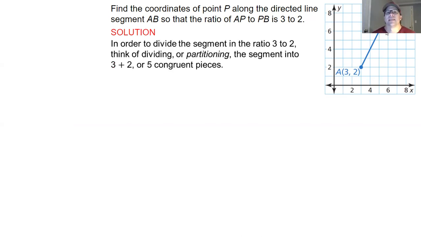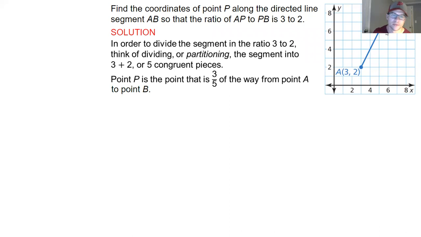So in order to divide that into the ratio of 3:2, you have to think of it as a partition of that line segment into 3 plus 2, from one side to the other, so that there are 5 total congruent pieces along this line segment.